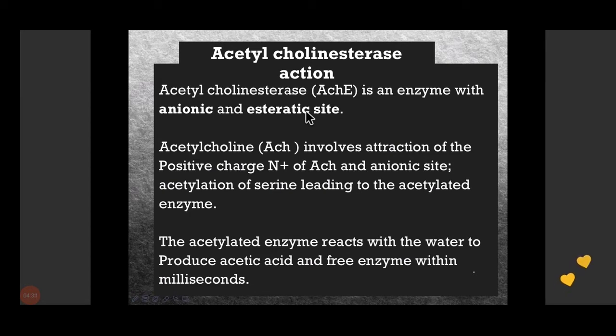So acetylcholinesterase is an enzyme which has an anionic and esteratic site. You know, cation is a positive ion, anion is a negative ion. So acetylcholinesterase has two types of sites: an anionic site and an esteric site. Acetylcholine binds through its positively charged N+ to the anionic site.